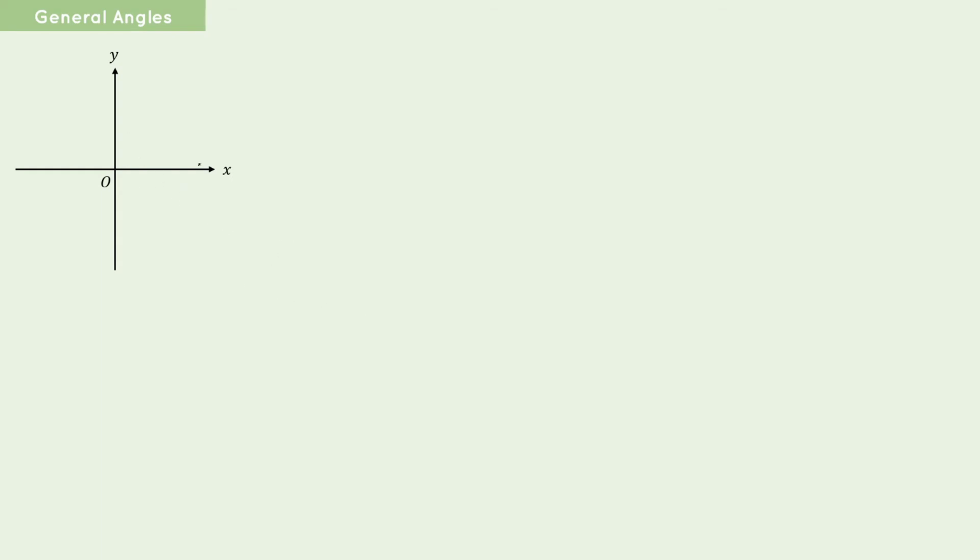So we're going to define an angle theta. Let's say there's this line here, and we want to find this angle theta. This is considered a positive angle in the first quadrant. So this is the first quadrant.